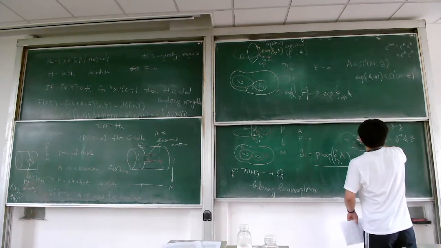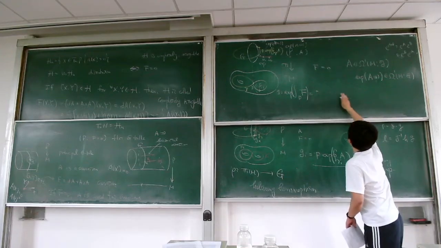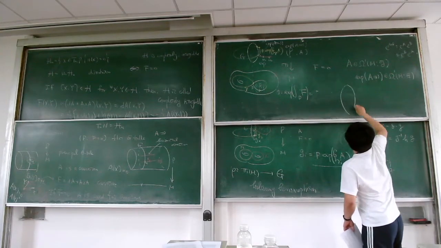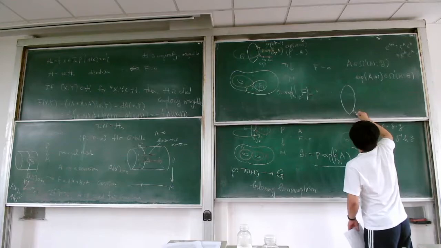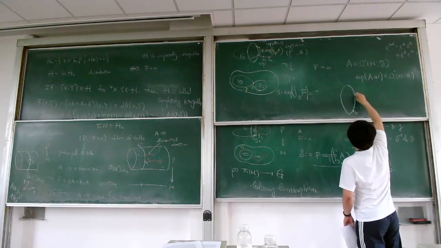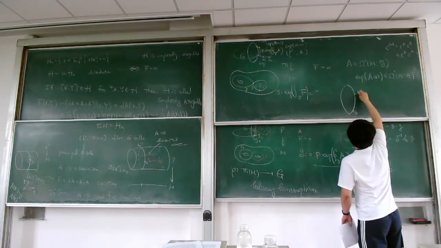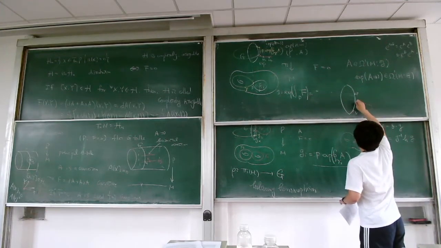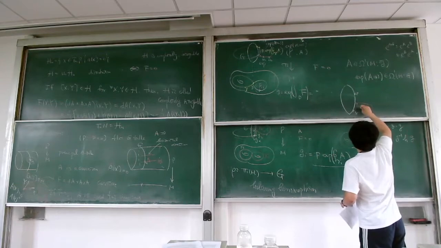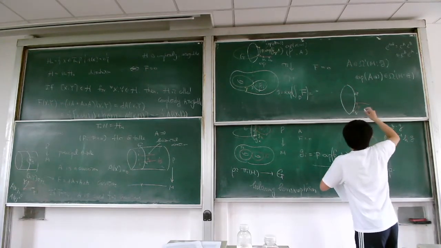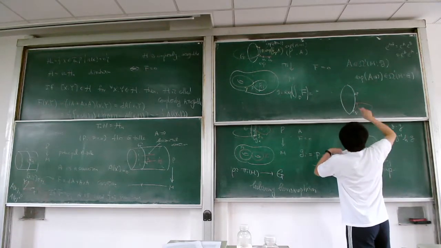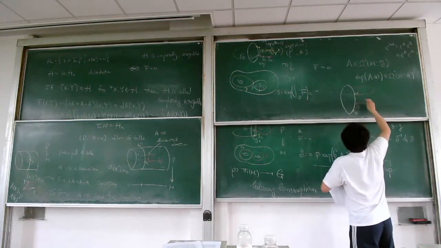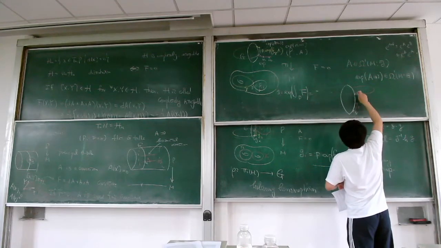The fiber is very big, and Q is here, and P is here. L is this holonomy group, and the other is the same holonomy group, but the starting point is different.